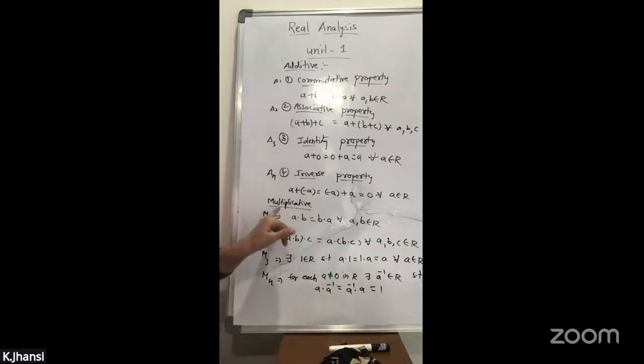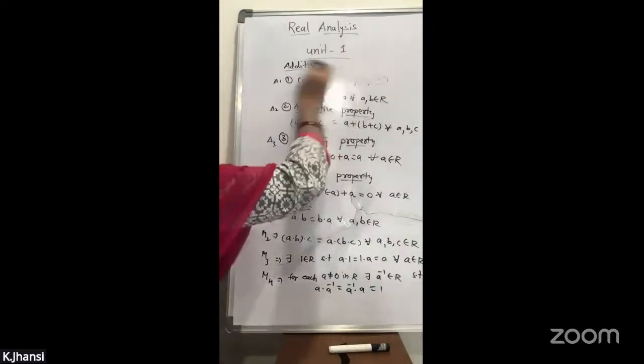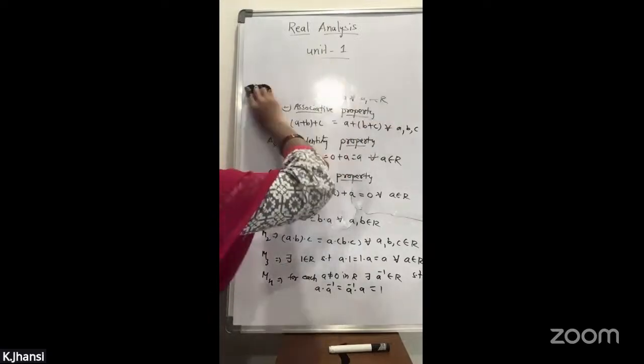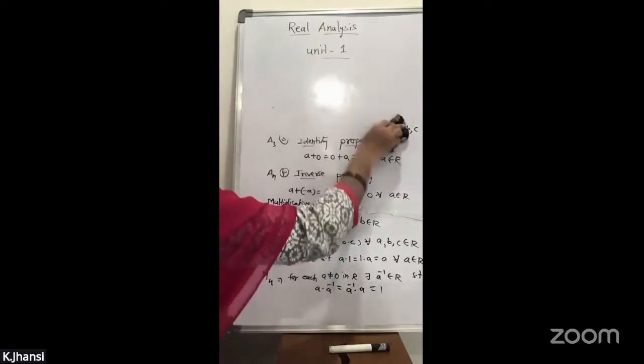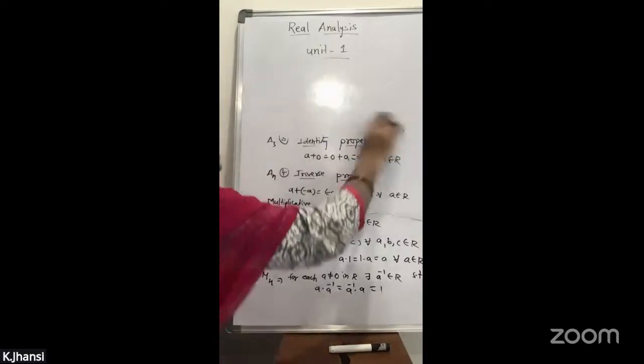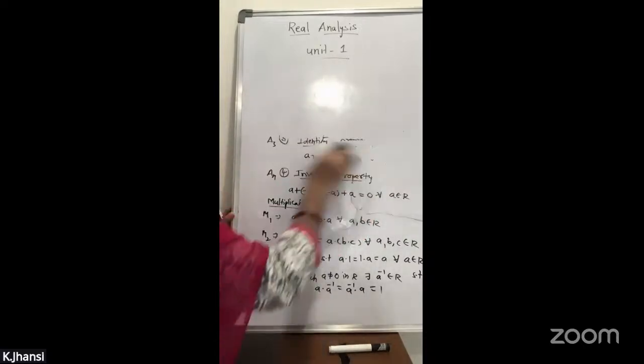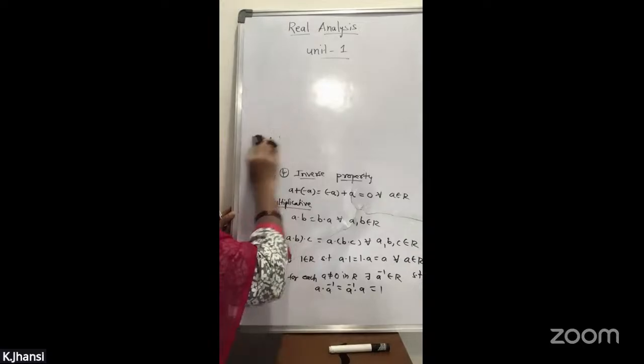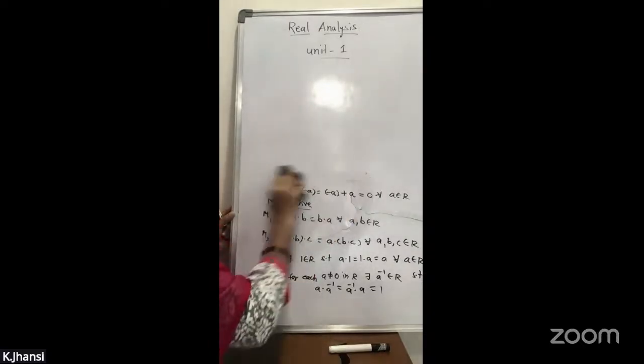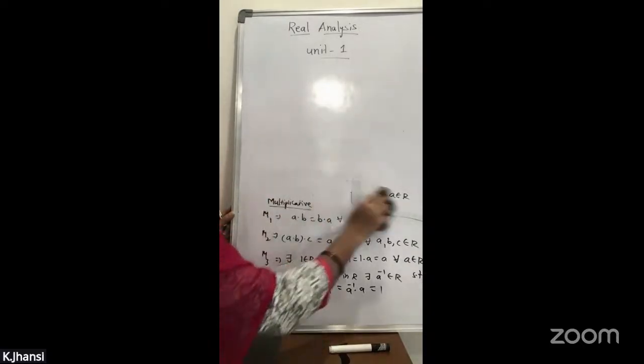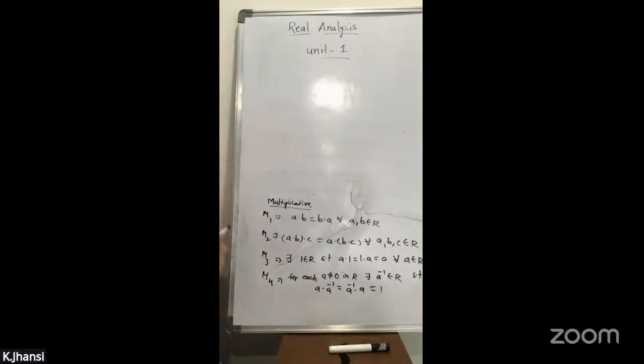And for multiplication, you will have one more property. That is the distributive property, called M5. So if any set satisfies these 4 properties with respect to addition, and these 5 properties with respect to multiplication, then it forms an ordered field.